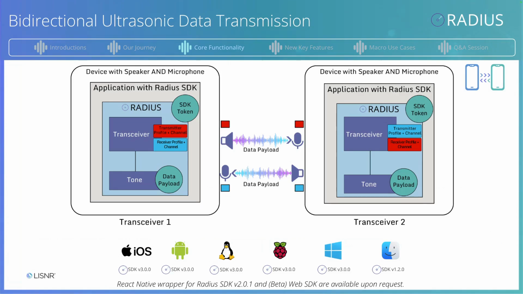This is done with a combination of setting a transmitter profile and a channel on one transceiver to align with the receiver profile and channel on the opposite transceiver. This can be seen in the red and the blue objects in the diagram. Some common applications of leveraging transceivers include location beacons, acknowledgements, and any use case requiring a handshake or a round trip verification. And this is independent of industry or sector.